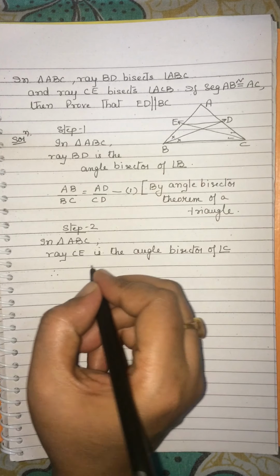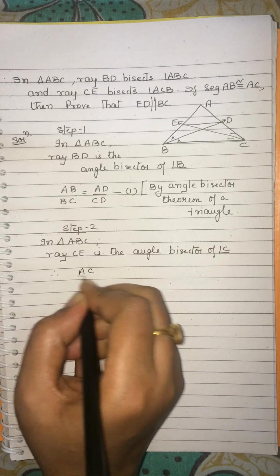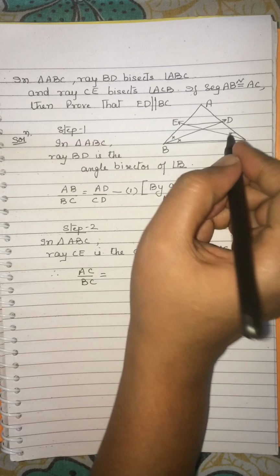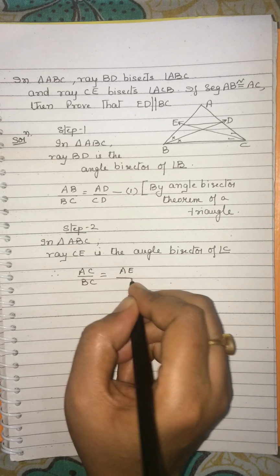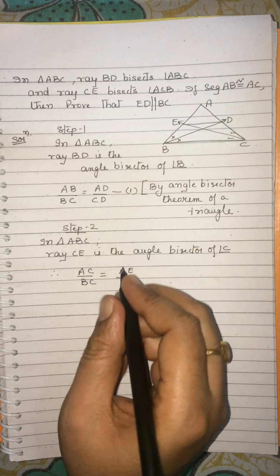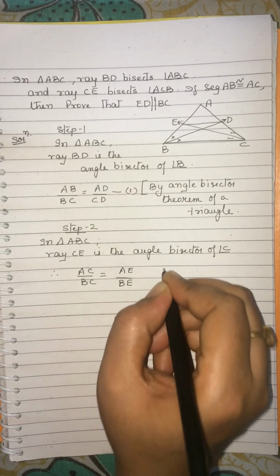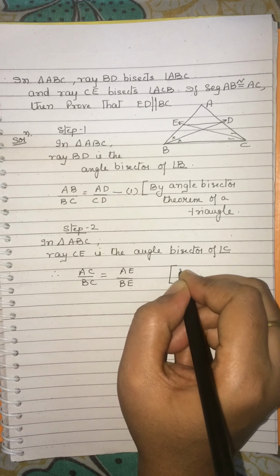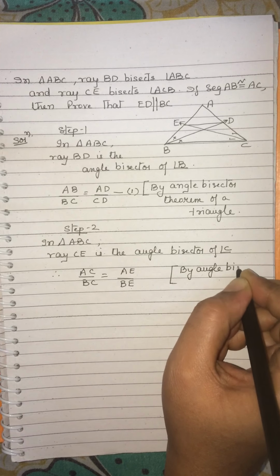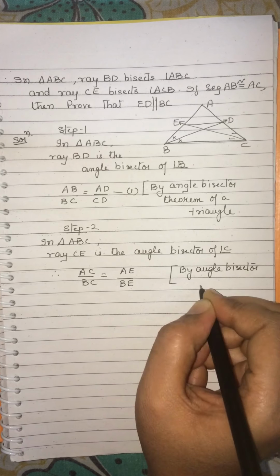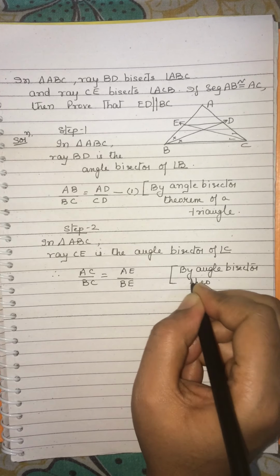Remaining two sides, so AC upon BC is equal to AE upon BE. This is because of the angle bisector theorem only. So you have to write the reason why you have got this expression. It is compulsory to write the reason.